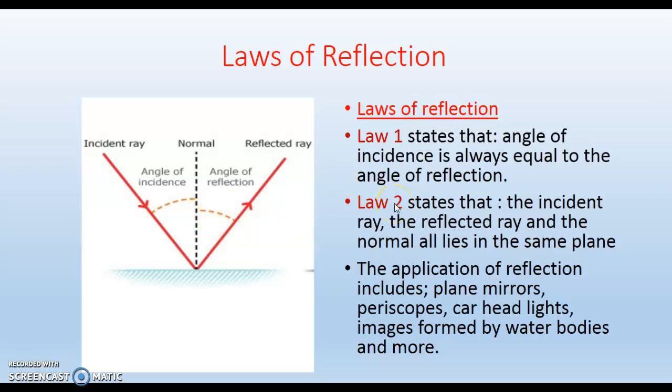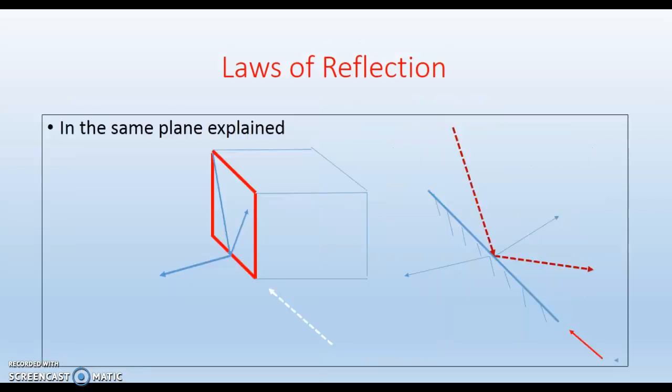Now let's come to the second law of reflection, which states that the incident ray, the reflected ray, and the normal all lie in the same plane. What do I mean when I say they all lie in the same plane? Let's look at this 3D diagram of a box here.